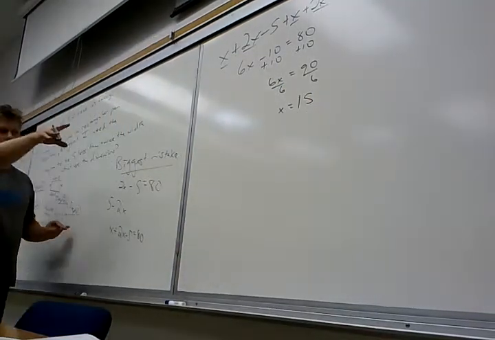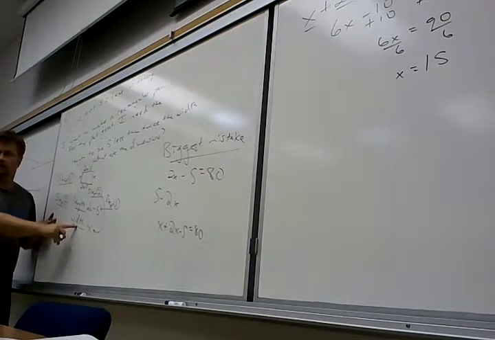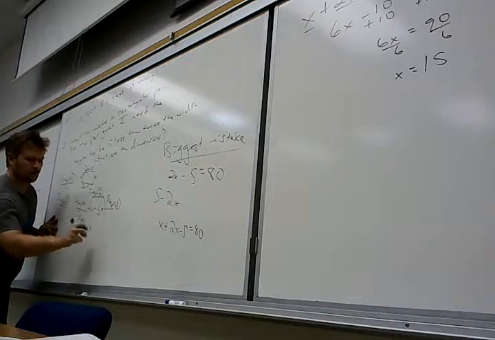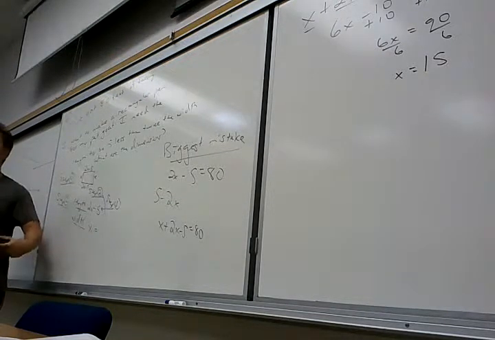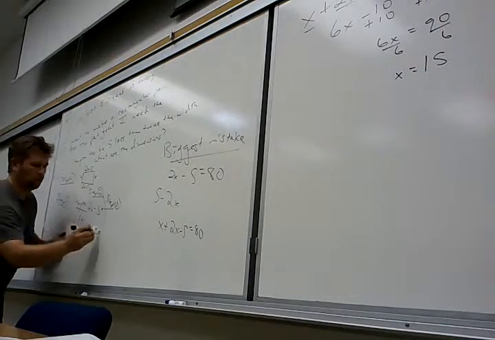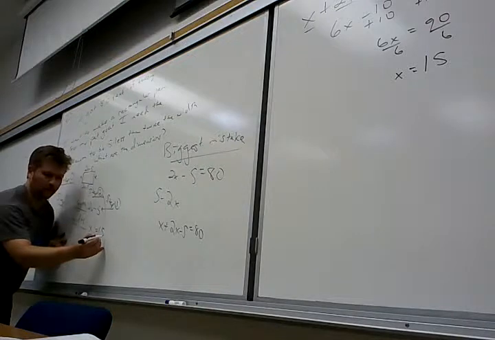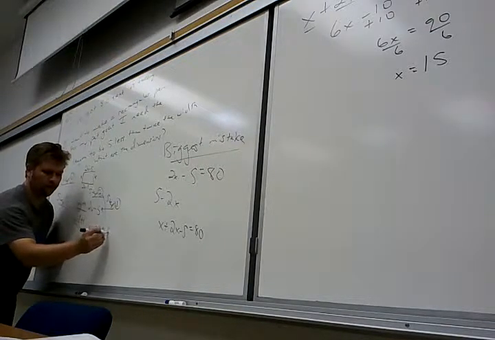So then you go back and you say, okay, what was x? X was the width. 15. And I'm going to be a little anal here. It's not 15, it's 15 feet. Because I will be a complete dork. If you leave 15, I will say 15 shoes. 15 light years, you know, I'll put that, but 15 feet.